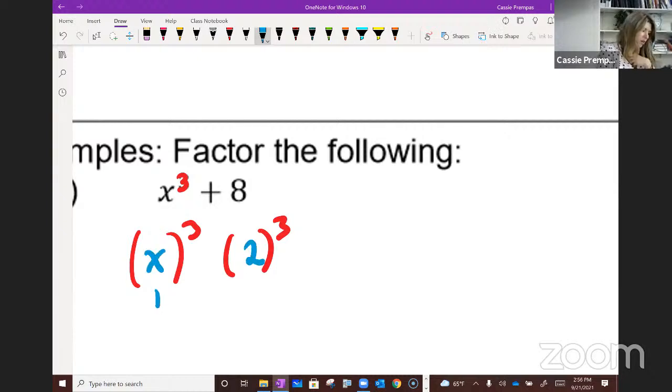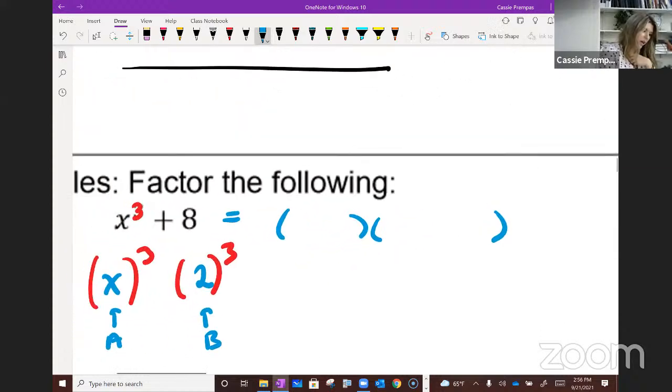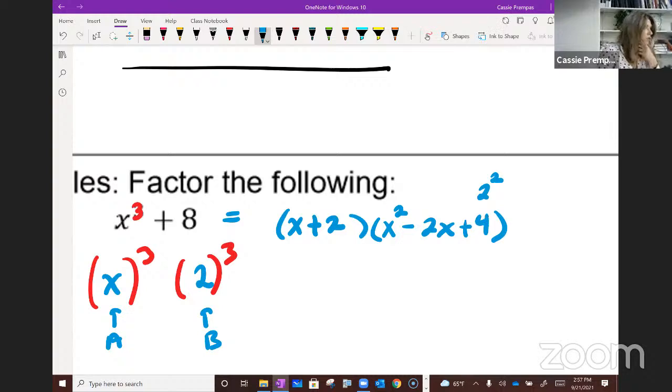So this is representative of A in the rule, and this is representative of B in the rule. I'm just going to plug and chug into what I wrote above for the sum of cubes. So I'm going to have x plus 2 times quantity x squared minus 2x plus, what does 2 squared become? 4. And that's it.